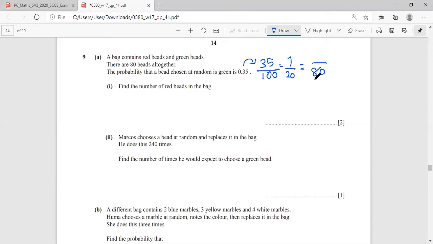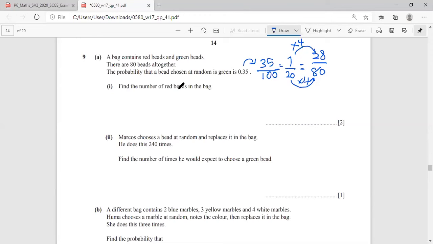So if I have 80 bits, how many of them are green? You can see the relationship between 20 and 80. You can times 4. So 7 I will also times 4, 28. So among 80 bits, there are 28 green bits.